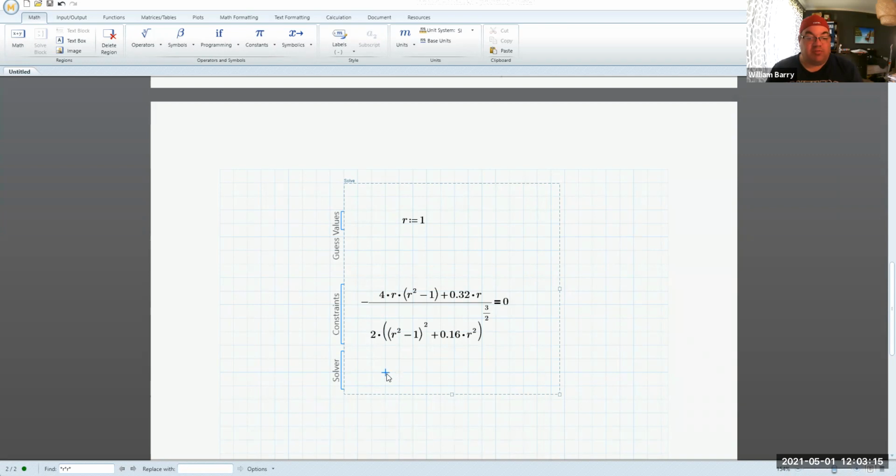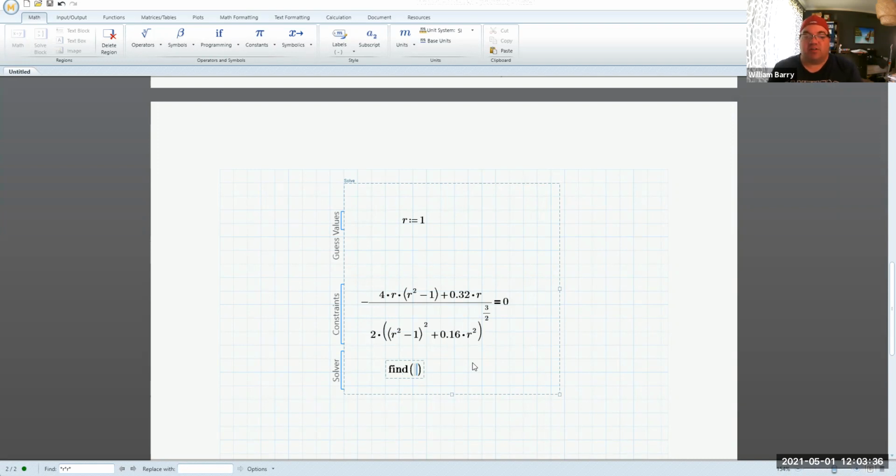And then what we have to do is just invoke the solver that we want to find the value of R. There are different solvers for different types of equations available in Mathcad, but the most basic one, and the one that I always use, is just called find. So use the find command.